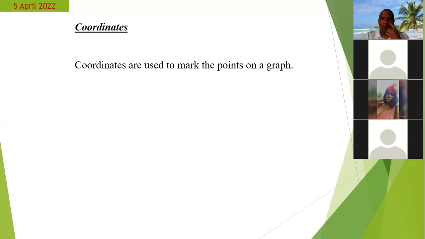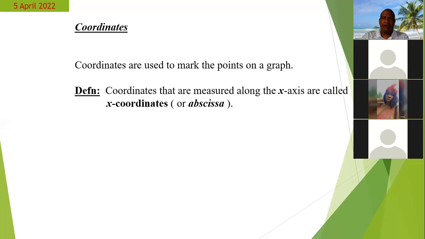So here now we'll talk about coordinates. Now, coordinates are used to mark the points on a graph. Definition: coordinates that are measured along the x-axis are called x-coordinates. In some more advanced books, the x-coordinate is sometimes called abscissa.